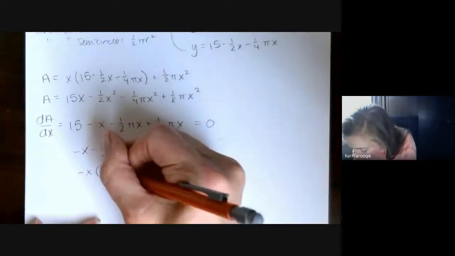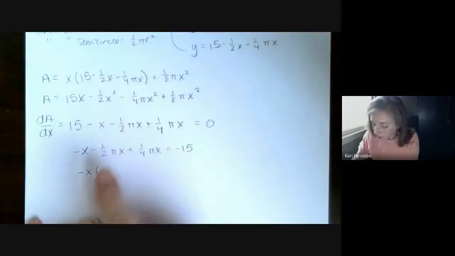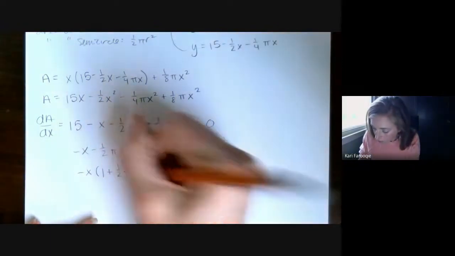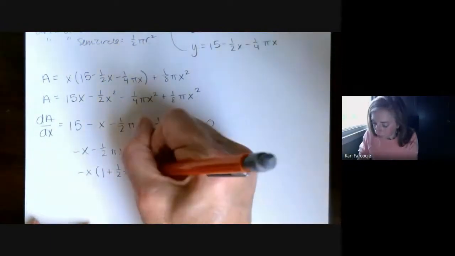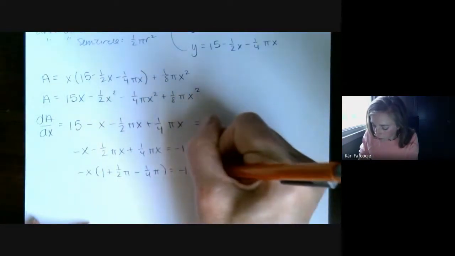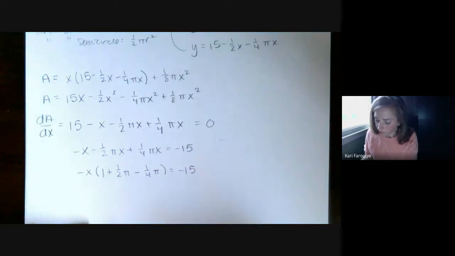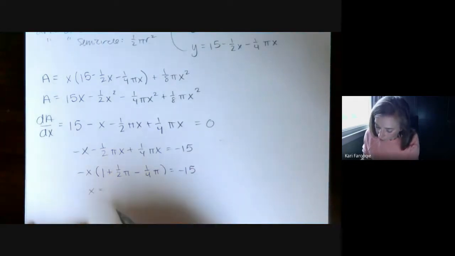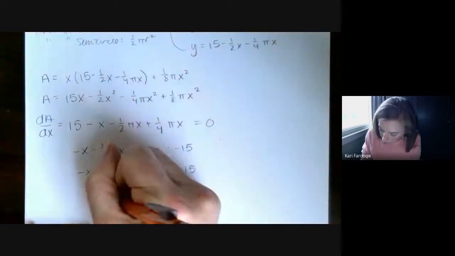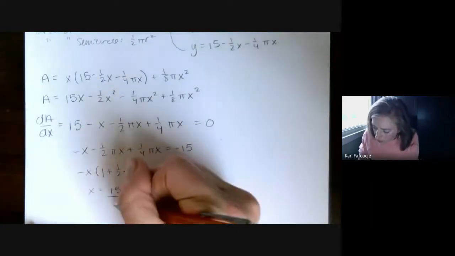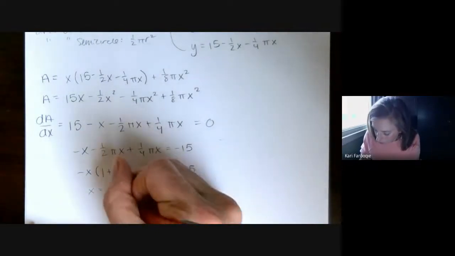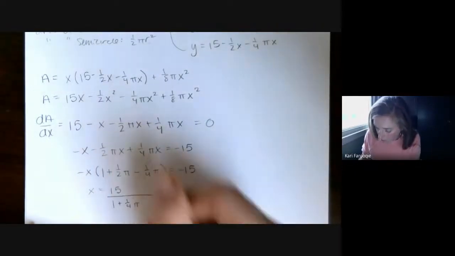And then you'll have 1 plus, so I'm taking a negative out. So when I factor that out, I'll have 1/2 pi minus 1/4 pi equals negative 15. And then we'll have x equals, I'm going to divide both sides by negative 1. So I'm just going to call it positive 15. And then 1 plus 1/2 minus 1/4 is 1/4.